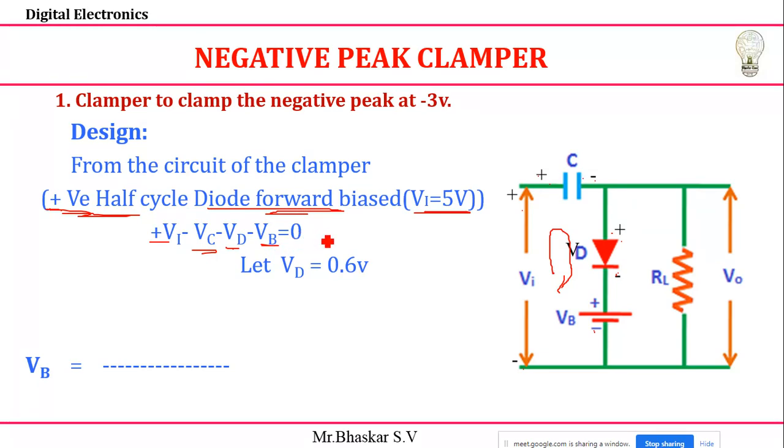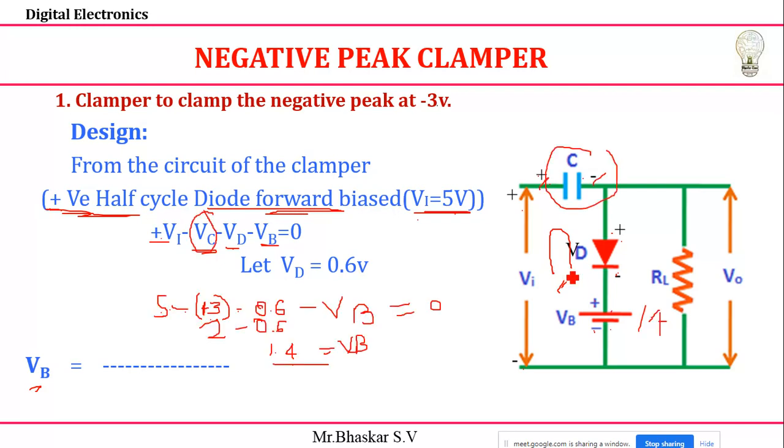And you just substitute the values. Vi is equal to 5 volts and Vd value is 0.6 volts. Then you find out the value of Vb. You just find it and tell me what is the value of Vb. So I'm going to apply the KVL. Because of this polarity, it is plus to minus, so it is minus.